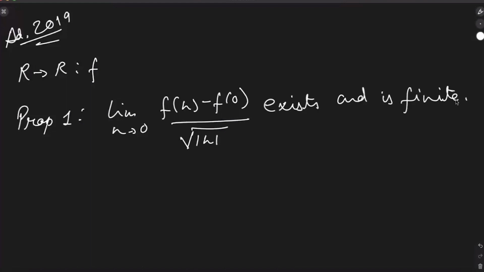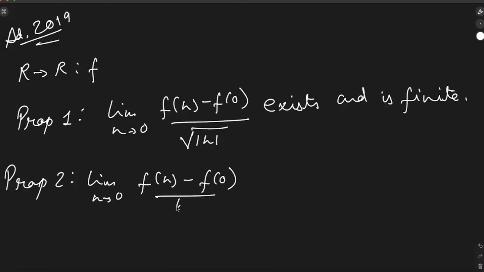What this property one says is that the limit of this whole thing as h tends to zero exists and it is finite. And what is property two? Property two is limit h tends to zero of (f(h) minus f(0)) upon h square; this also exists and is finite.